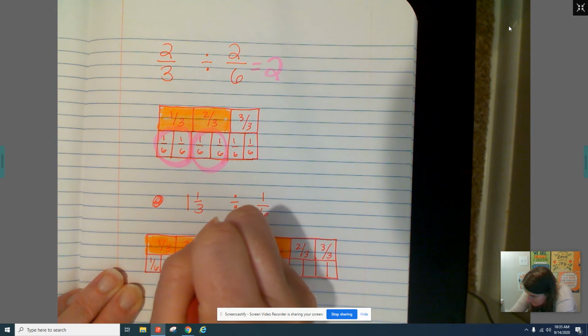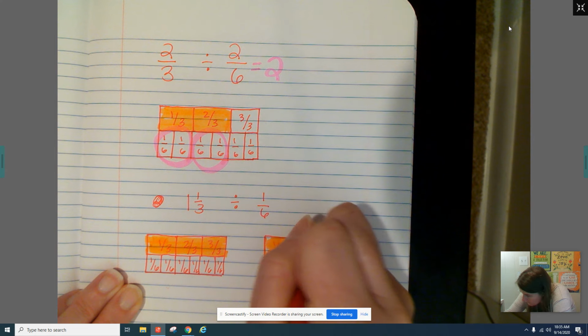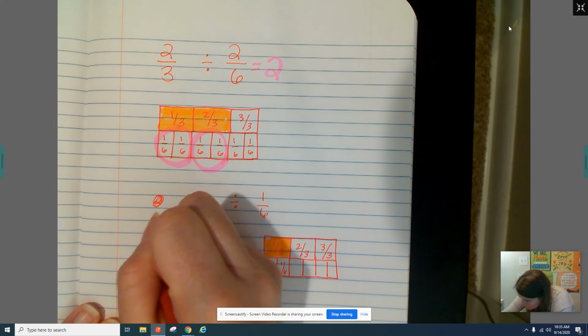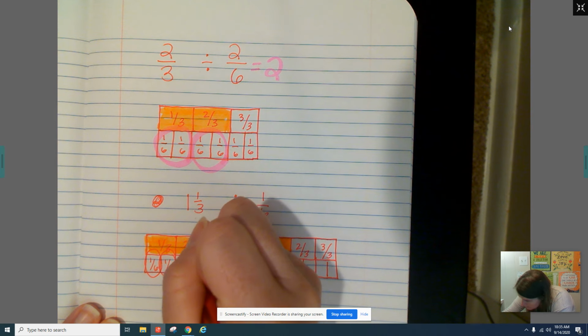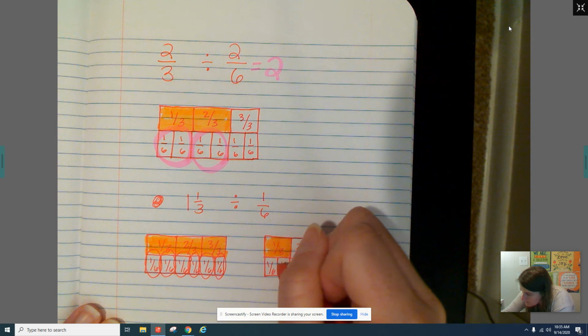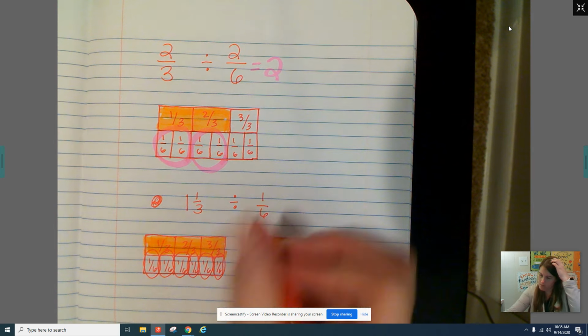And again, the question is asking how many 1/6 fit into 1 1/3. So you could circle every single one of them. 1, 2, 3, 4, 5, 6, 7, 8. There are 8 1/6 in 1 1/3.